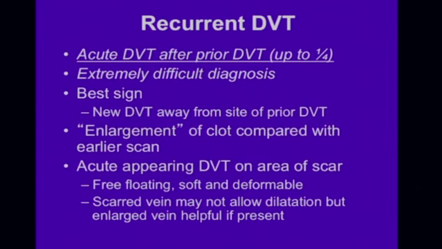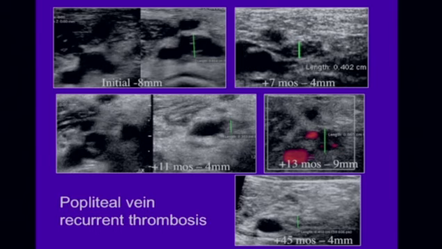Some people have looked at the size of the vein and looking at changes in the size of the vein to be helpful. In this group of images, we can see a popliteal clot, which was initially 8 millimeters, which at 7 millimeters scarred down to 4 millimeters but did not go away. By the way, this puts the patient at continuing risk that's higher than patients who have complete clearance of their veins.